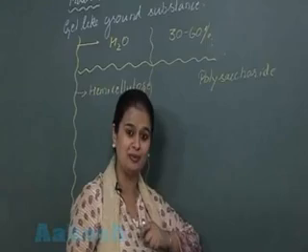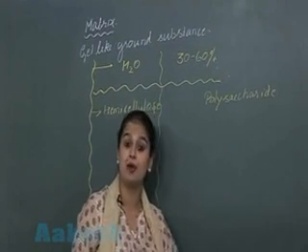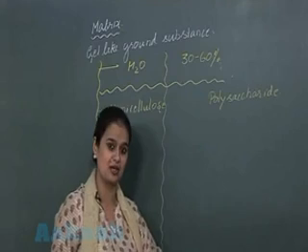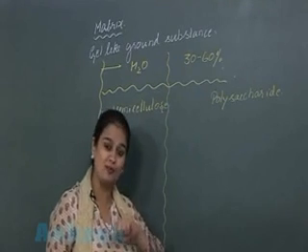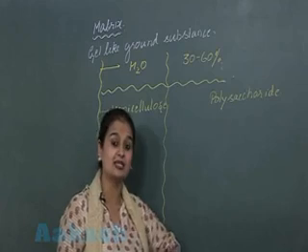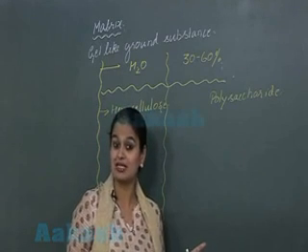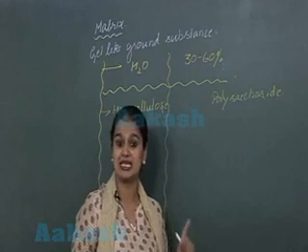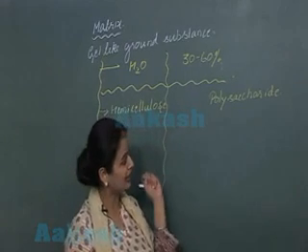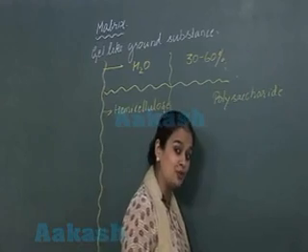It is a polymer of monosaccharides. Yes, it is a polymer of sugars. So polymer of monosaccharides, where the number of the monosaccharides is more than 10. If the number of monosaccharides is more than 10, then we call it a polysaccharide.